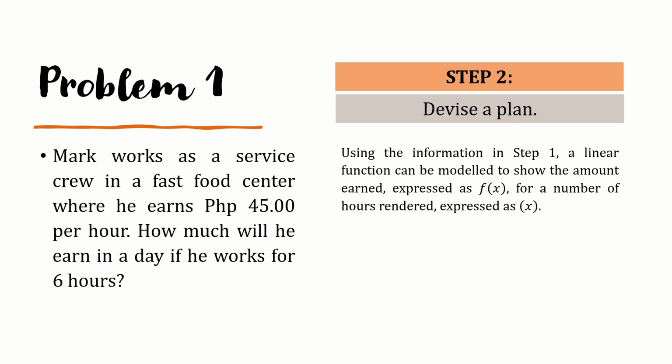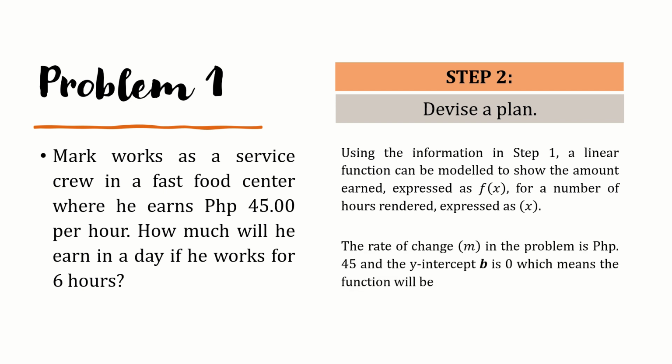The rate of change m in the problem is 45 pesos and the y-intercept b is 0, which means the function will be f of x equals 45x plus 0 or f of x equals 45x.